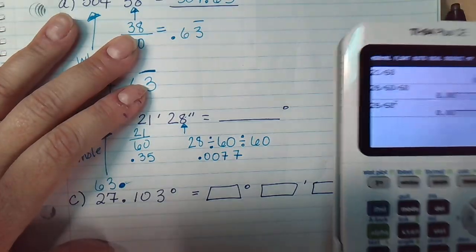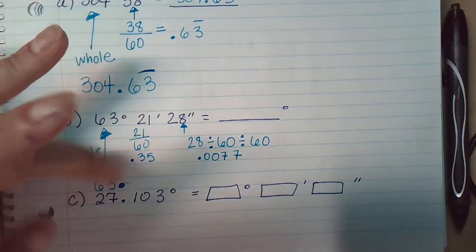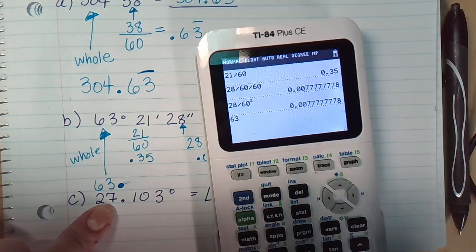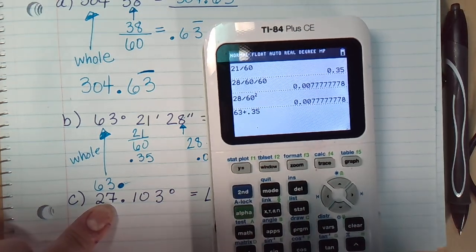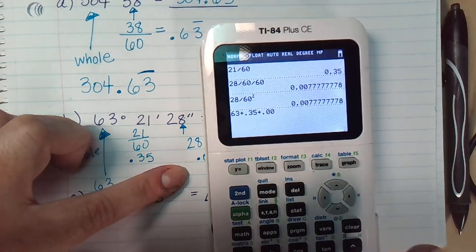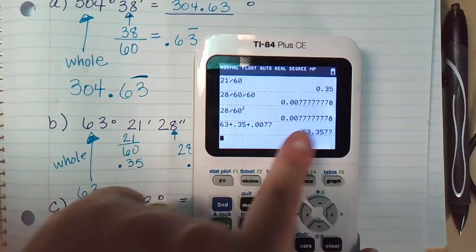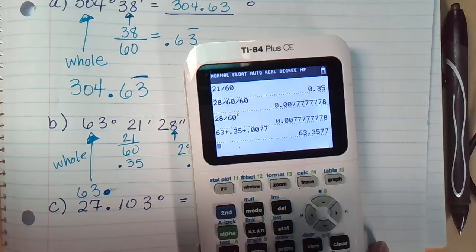Okay, and then you're just going to add all three of these numbers. 63 plus 0.35 plus 0.0077. And look, they just naturally kind of squish up together.